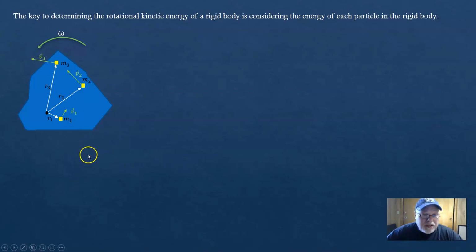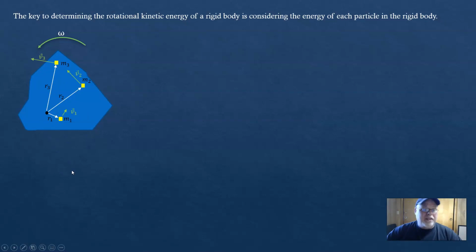And if you notice, I've drawn the arrows a little bit longer for each one. I did that intentionally because as we go from particle 1, 2, to 3, they're all getting a little bit further from that axis of rotation. And so they're going in bigger circles, and that means that they have to move faster. So the objects that are further away are moving a little bit quicker.